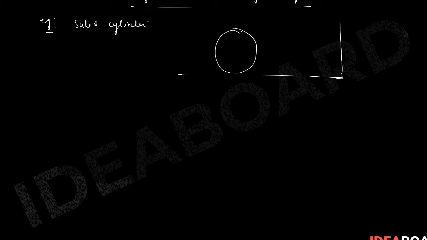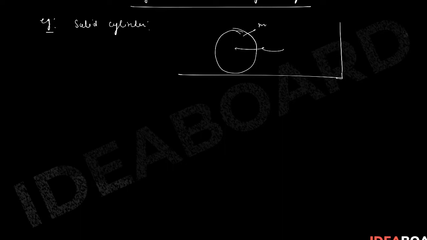and just in order to keep this question easy, I am taking a case of solid cylinder. Right, so the question is like this. Suppose that there is a solid cylinder which is of, let's say, mass m.